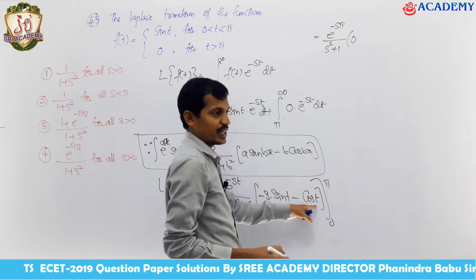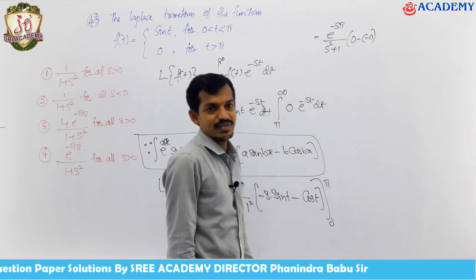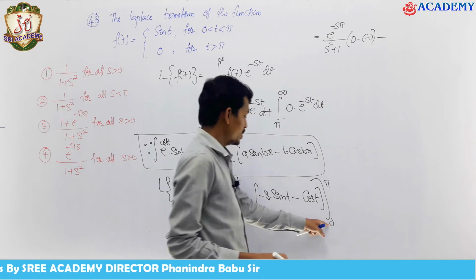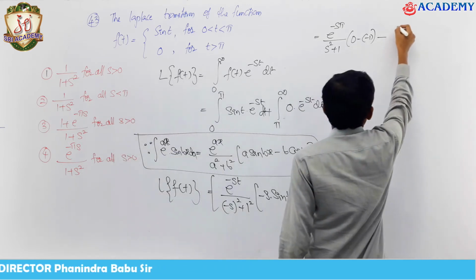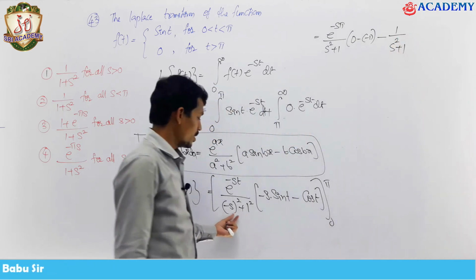minus cos pi is nothing but minus 1, and minus of minus 1 is going to be plus 1. Next, minus of 0 substituted: e power minus s into 0, e power 0 is nothing but 1, by s square plus 1.